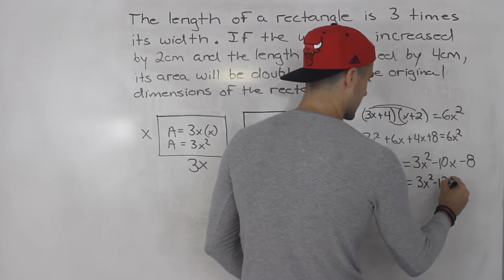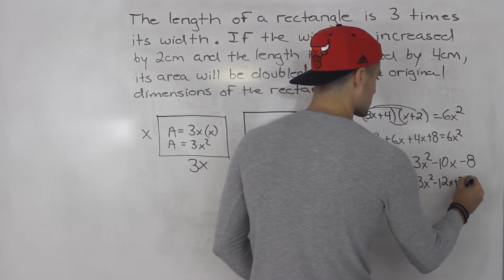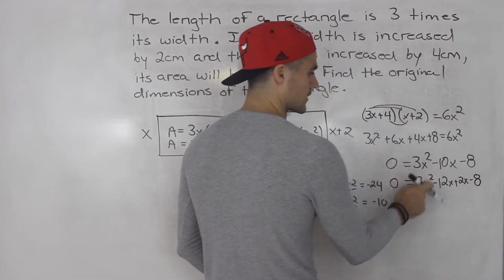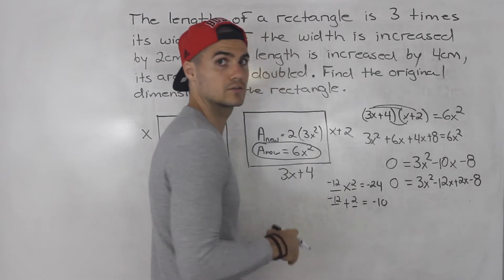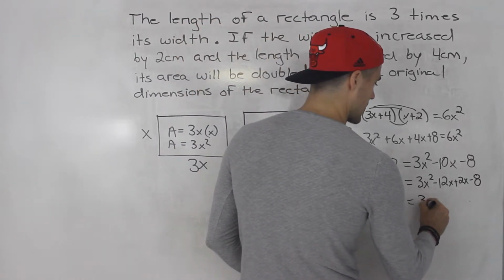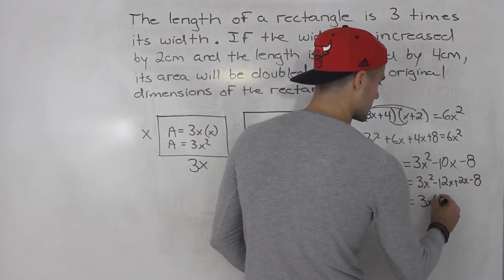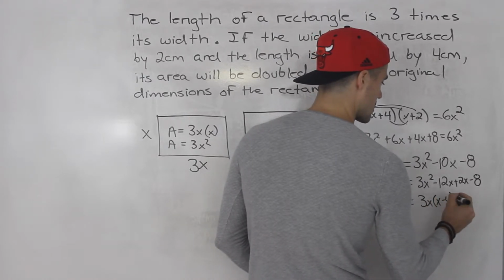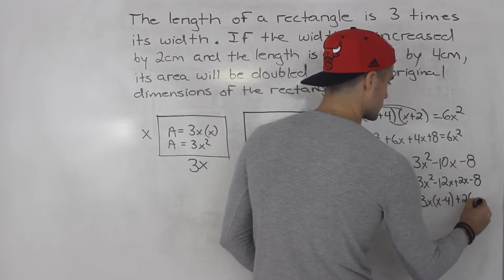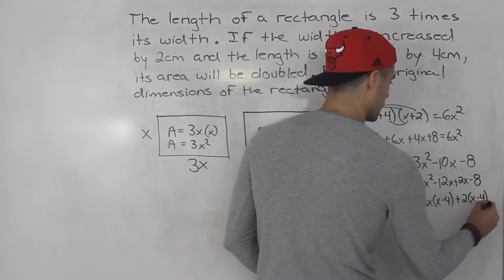So we can split up that negative 10x into negative 12x plus 2x. And then the first term, 3x squared, and the last term, minus 8, stay the same. Then from the first two, we could factor out a 3x, so we'd be left with x minus 4. And then from the last two, we could factor out a 2, so we'd be left with x minus 4.